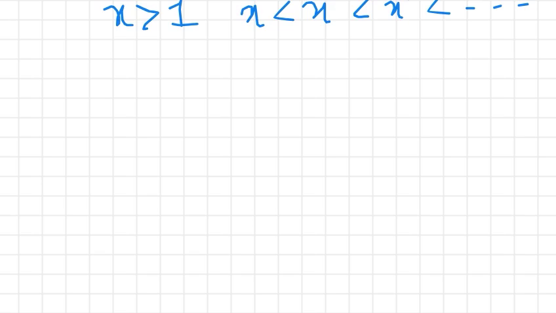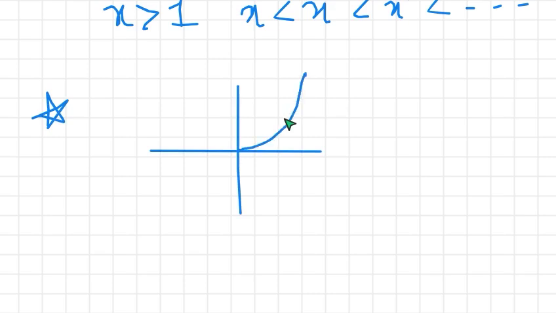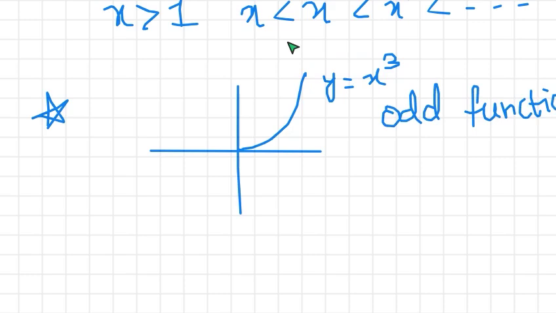Let's talk about x cube now. First we have understood how the graph will be in the first quadrant. It will be something like this. This is y equal to x cube. This function is even or odd? This function is odd, right? Odd means symmetric about? We usually call it the origin. Symmetric about the origin.